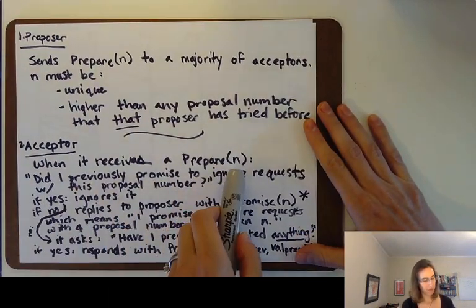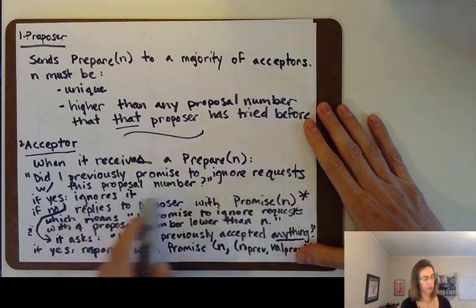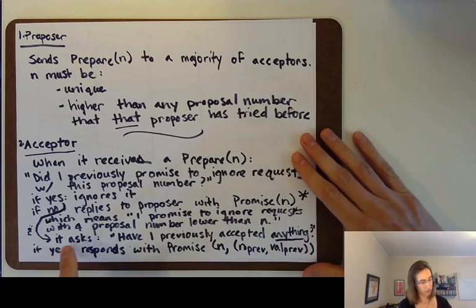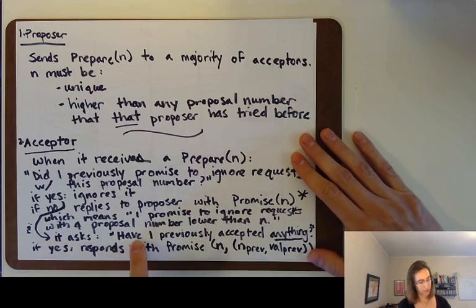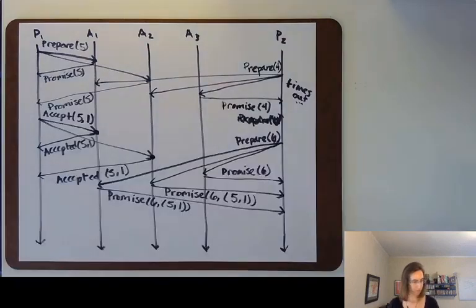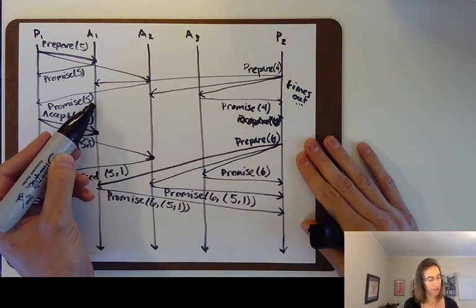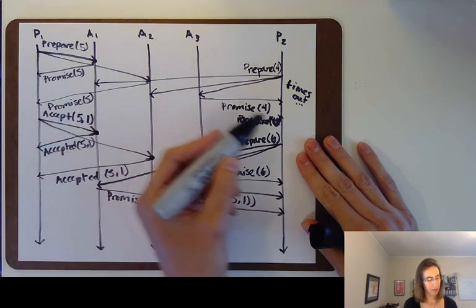When it receives a prepare n, did I previously promise to ignore requests with this proposal number? No, it didn't. Then we go here. So, have I previously accepted anything? No, it hasn't. So we go back to this case. It just replies with promise n. So yeah, if the prepare 6 message had hit here, then A1 would reply with promise 6.